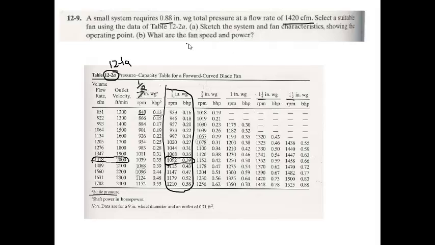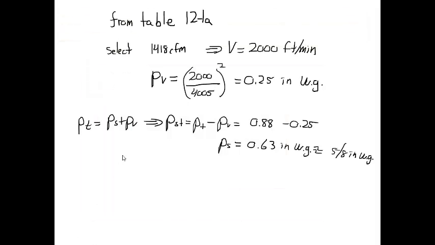So this is asking for the fan speed. That fan speed would be 1,092 RPM, and my power is 0.39 horsepower. So that would be the power associated with it.